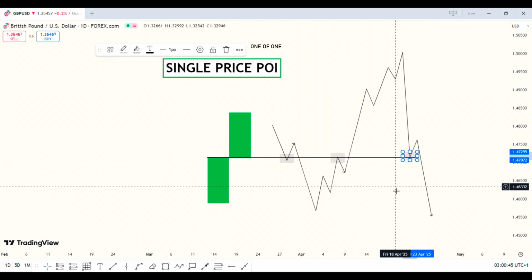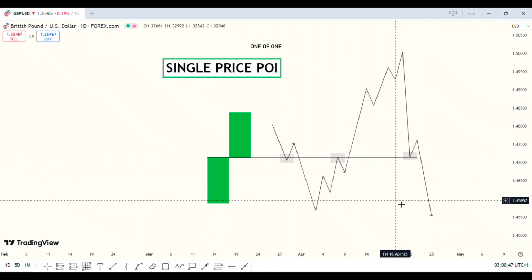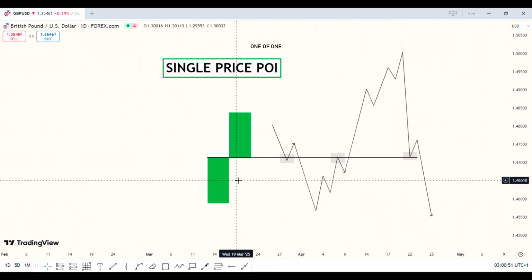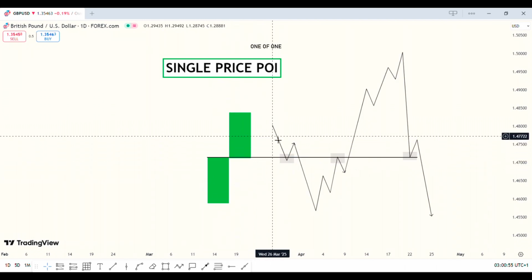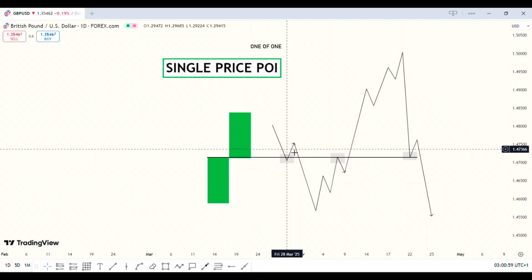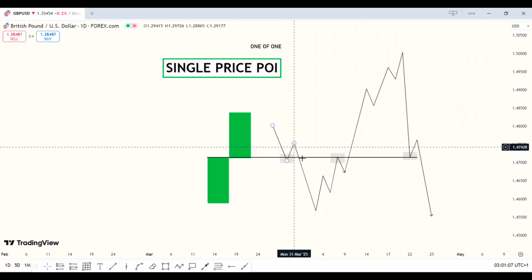So what we are going to be looking out for, or what validates the single price POIs, is price tapping into that closing price, rejecting the candlestick or candlesticks that tap into that closing price, rejects and closes above it.